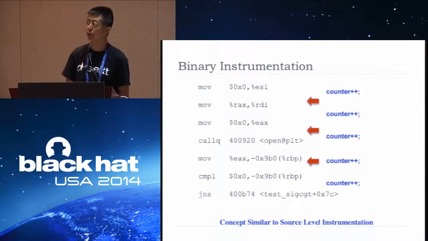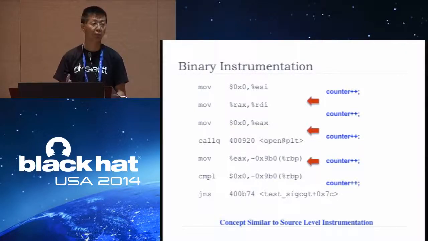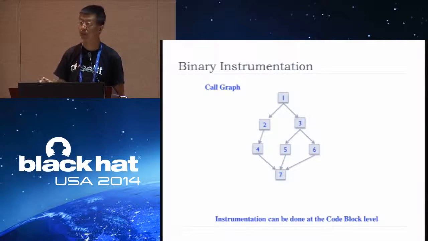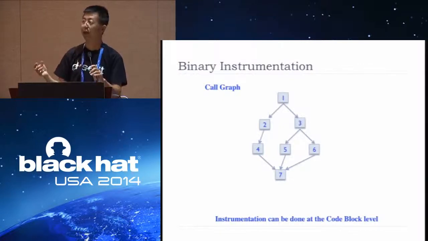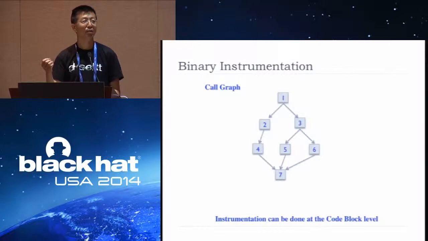The goal of all this instrumentation is observing program behavior. Likely you don't need to do that at the per-instruction level. Very commonly you do this at the block level. To illustrate code blocks, this is what you see if you take a binary and throw it into IDA.